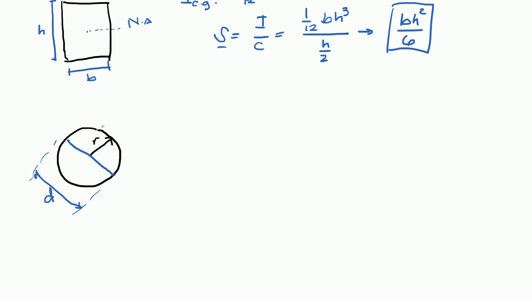Now, we have this circle, and the moment of inertia for a circle is pi d to the fourth over 64. It's 1/4 raised to 4. So the I is pi d raised to 4 over 64, or pi r raised to 4 over 4.